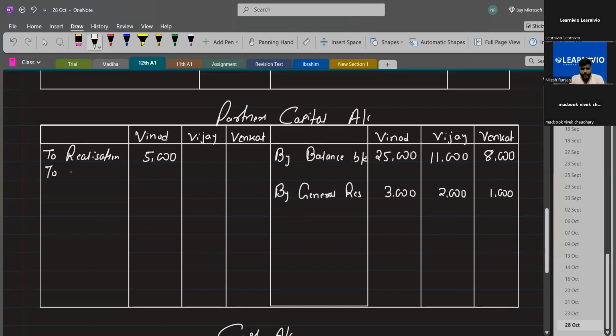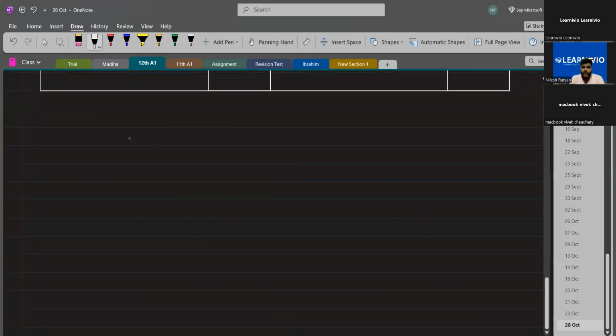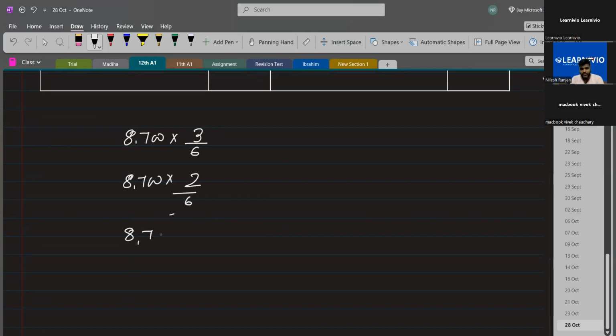So this loss will be written as realization loss. 8,700 will be distributed between partners in their profit sharing ratio. So 8,700 into 3 by 6, 8,700 into 2 by 6, 8,700 into 1 by 6.